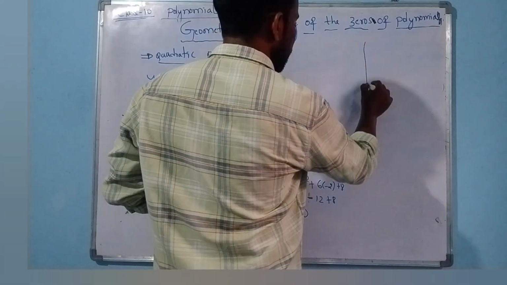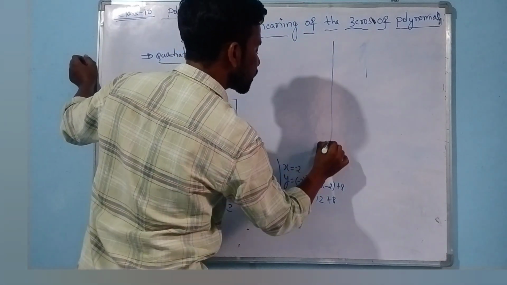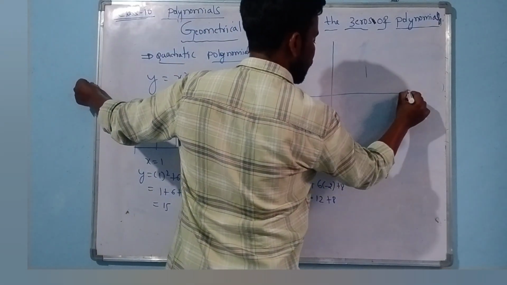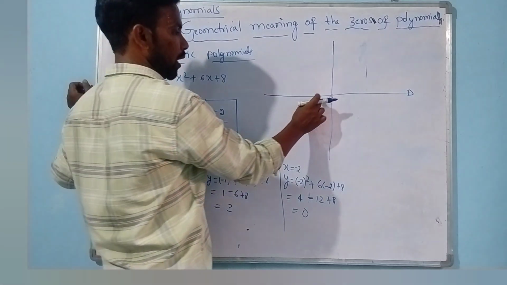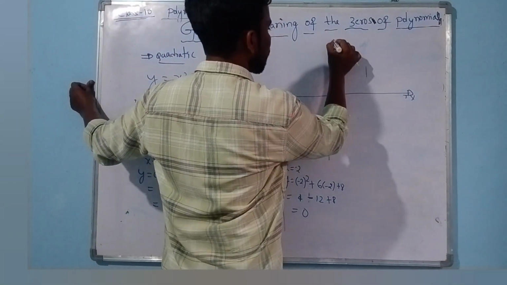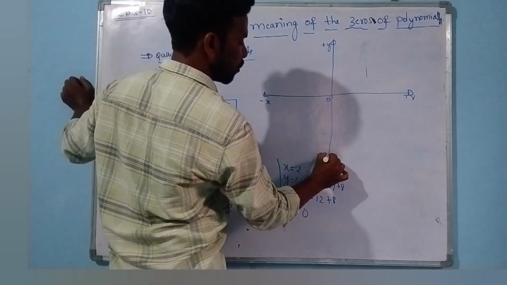Let us take the vertical axis. What do we call the vertical axis? We call it the y-axis. Let us take the horizontal axis, which we call the x-axis. This is the origin. At the origin, the x and y values are 0. This is the positive x-axis, this is the positive y-axis. This is the negative x-axis, this is the negative y-axis.